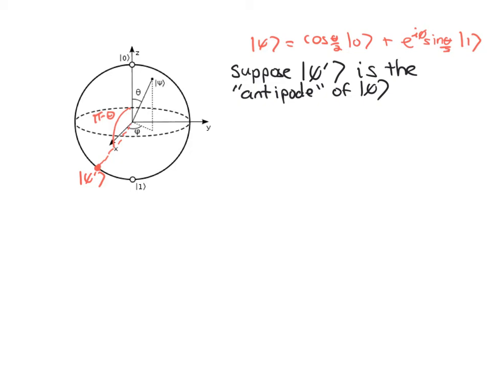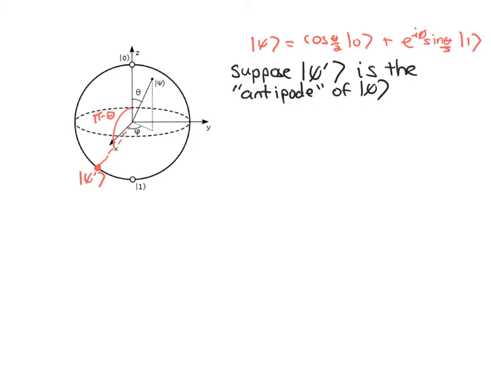So if you're standing in Boston and you want to go to a point on the globe diametrically opposed from us, you're going to end up a little bit in southwestern Australia. The longitude there is going to be 180 degrees greater than whatever the longitude is in Boston.